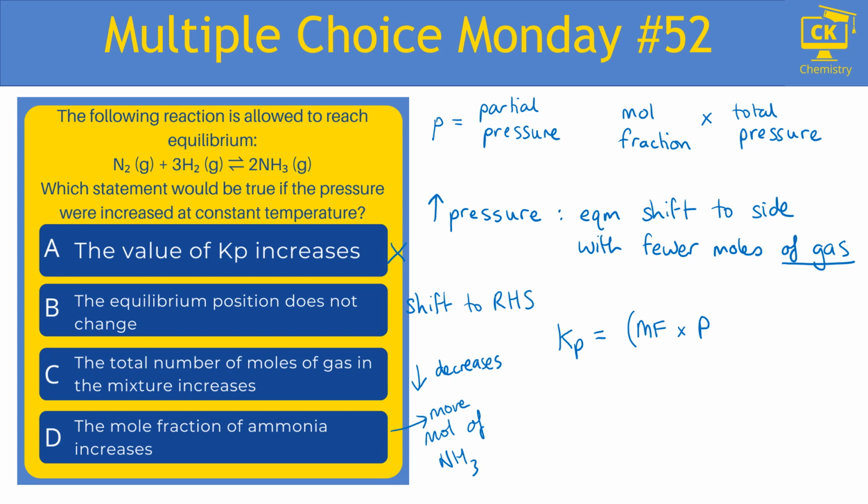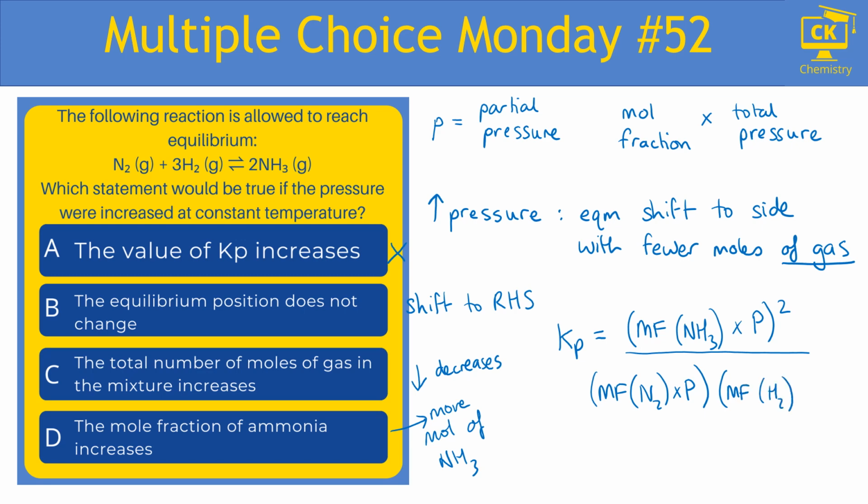So let's write it slightly more obviously: the mole fraction of NH3 times P, and the whole thing is squared. Underneath we have the mole fraction of N2 times P, that's not squared, and we're also going to times that by the mole fraction of H2 times P, and that is cubed. Okay, so we've said that Kp must be constant.